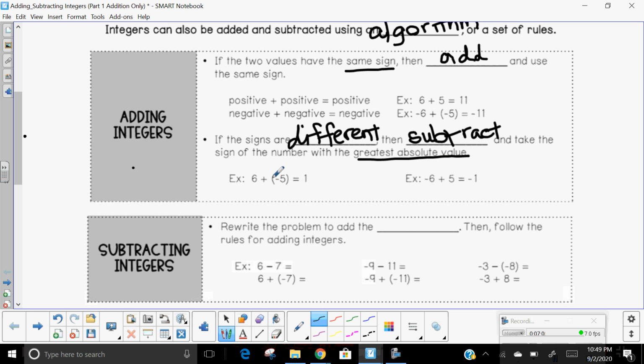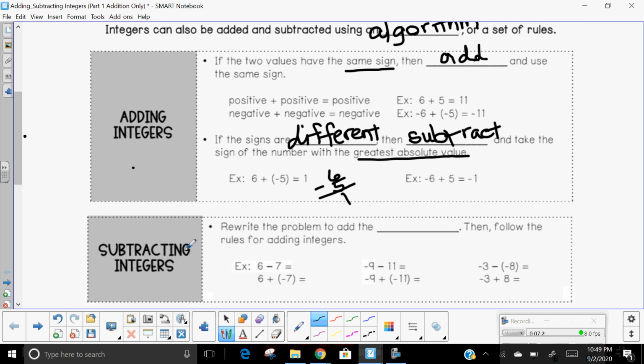So for example, 6 plus negative 5. We take 6 minus 5, that equals 1. And then we look at which number has the greatest value. 6 is greater than 5, so we're going to keep the positive sign. So that gives me positive 1.